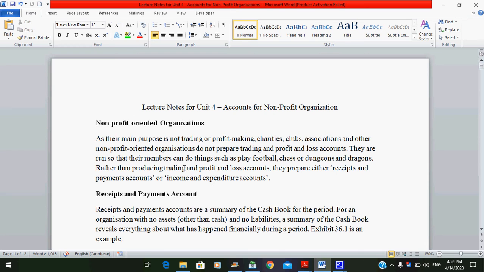Rather than producing trading and profit and loss accounts, they prepare either receipts and payments accounts or income and expenditure accounts.